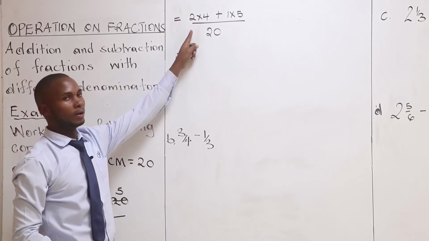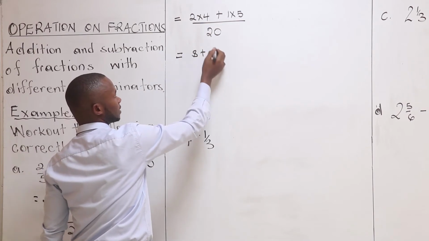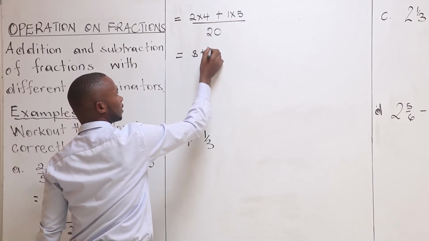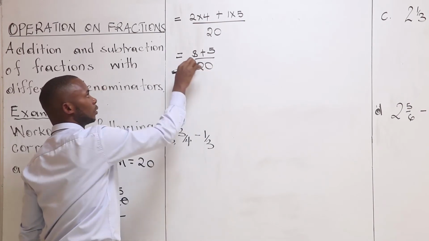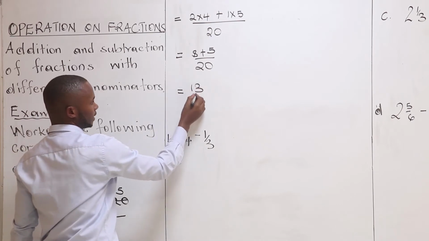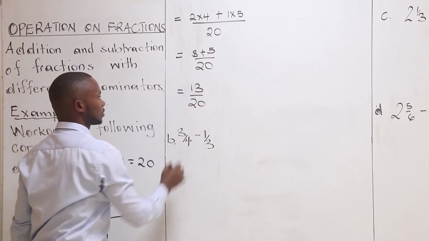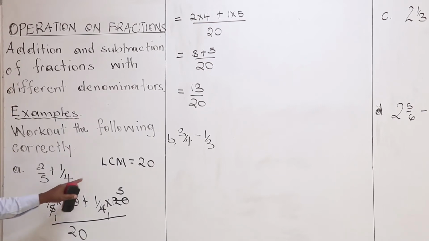So 2 times 4 gives us 8, then plus 1 times 5, that is 5, out of 20. So 8 plus 5, we finally get 13 out of 20. So that's how it works when you are adding fractions of different denominators.